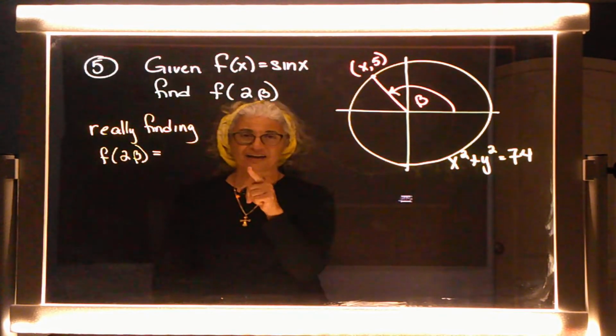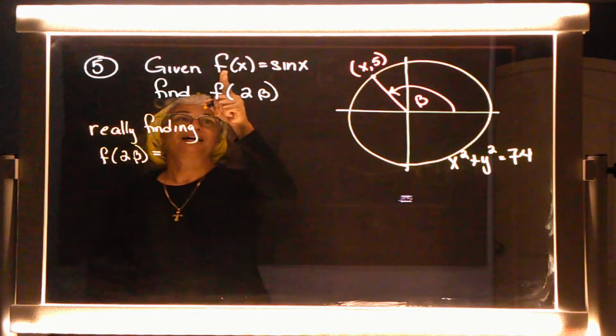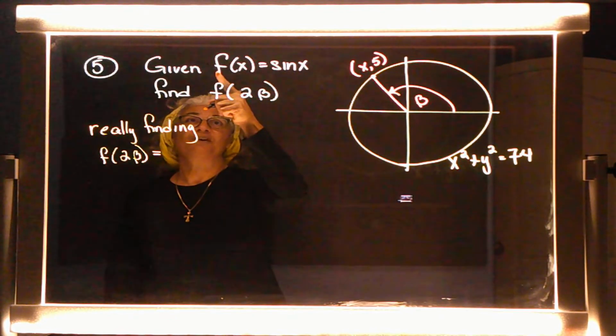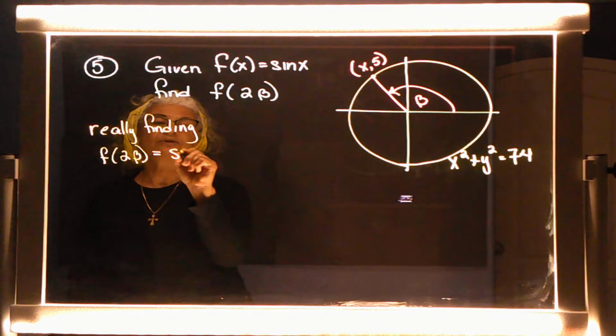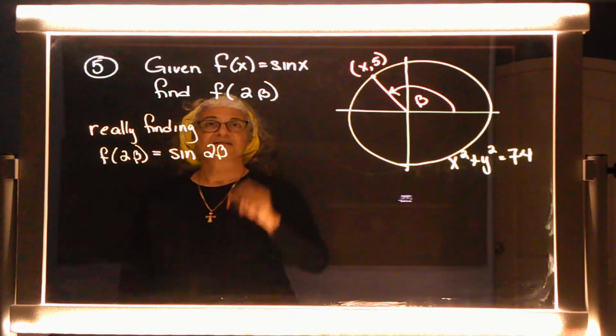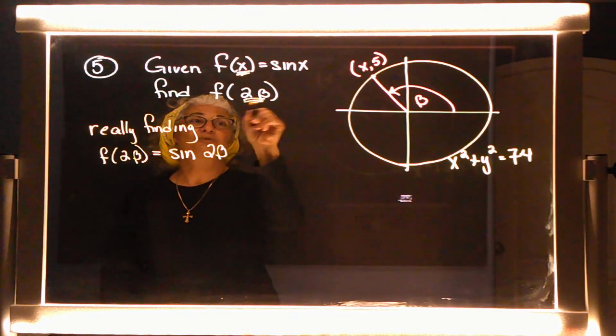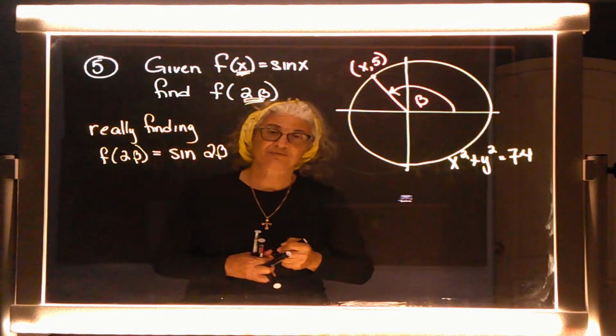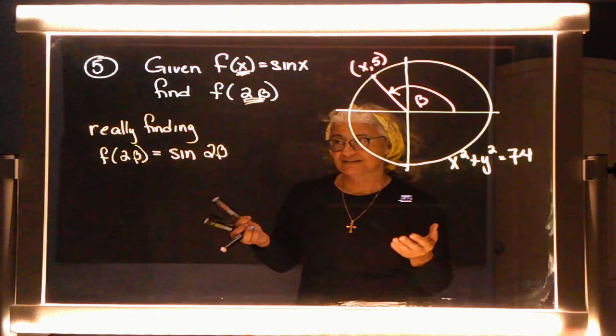Well, what is f? Yeah, f is sine of x, isn't it? So f of 2 beta is going to equal the sine of 2 beta, right? Because x and 2 beta were the same, weren't they? Well, looks like I'm trying to find the sine of 2 beta.